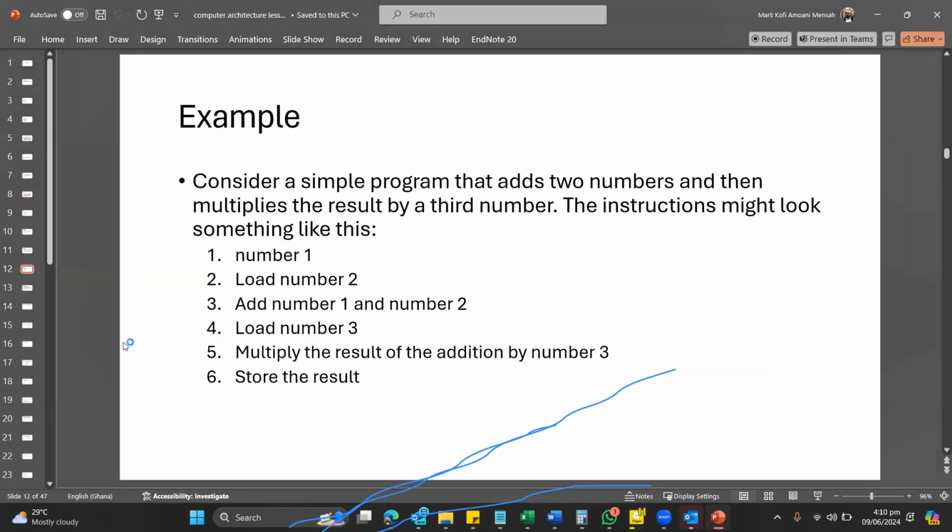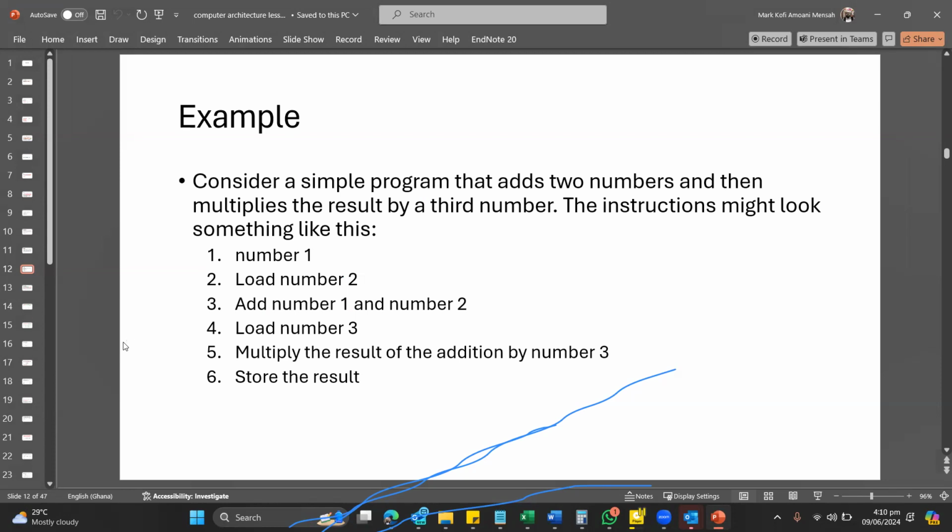So let's have an example of the instruction count. The instruction count, an example of it is what we have on our screen. We have a program that would add 2 numbers and then multiply a 3rd number. Step 1, load number 1, or go and pick number 1. Then we load number 2. We add number 1 and number 2.